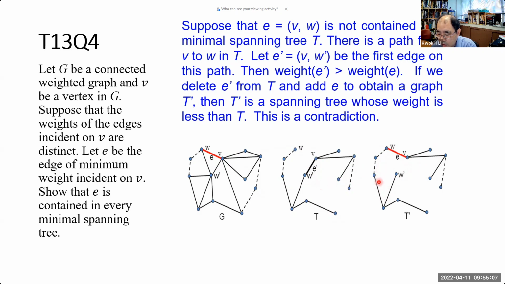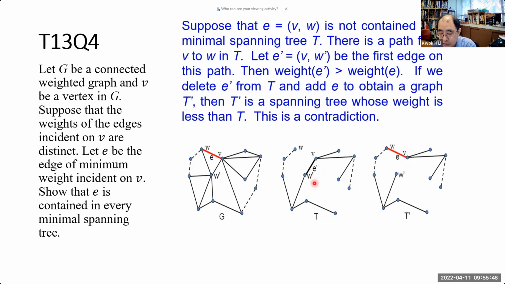You compare the total weight of this spanning tree: this one is all the other weight plus E', and this one is all the other weight plus E. Since E is smaller than E', the total weight of the new one is smaller. So the original cannot be a minimum spanning tree.